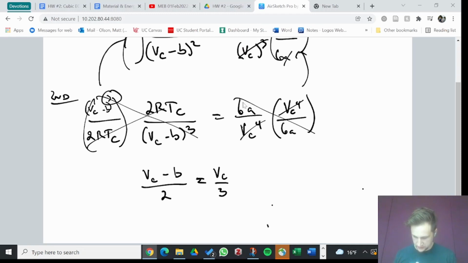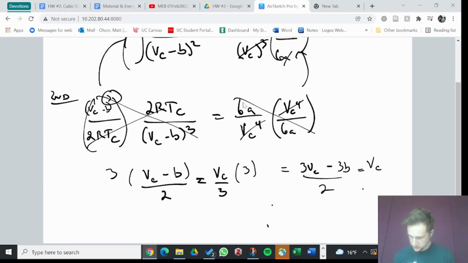So let's go ahead and multiply by 3, and then we can multiply this other side by 2. Well, we'll do this here, so we've got 3VC minus B minus 3B over 2 equals VC. Let's just go ahead and rewrite that.